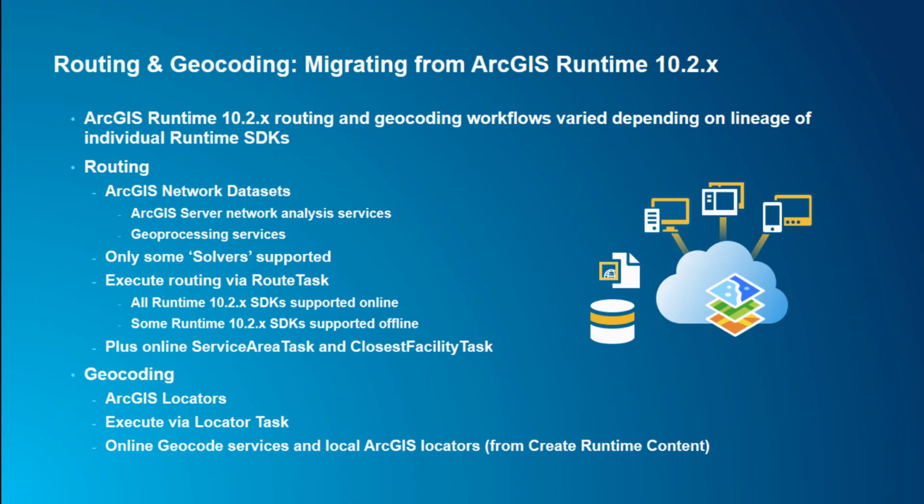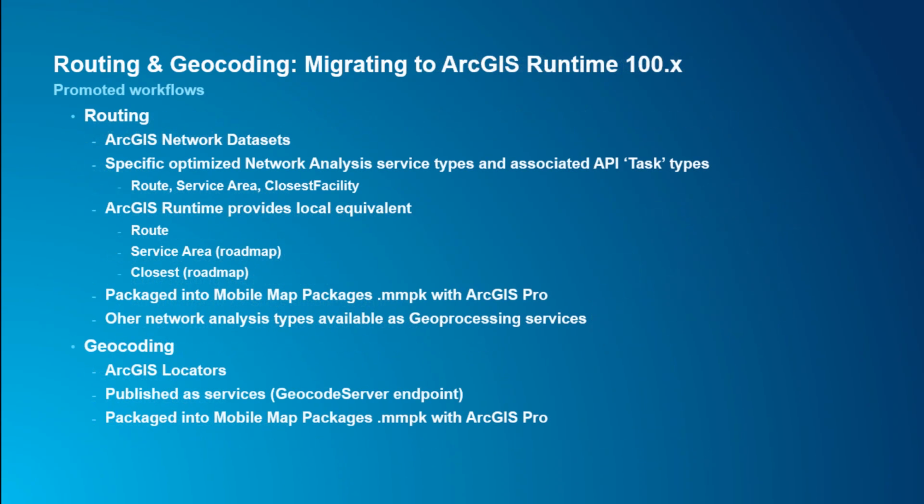They were mirrored by tasks within the API, so route task, closest facility task, and service area task. The 10.2x SDKs supported closest facility and service area online only. And then geocoding worked with an ArcGIS locator, executed via the locator task, either online or working with local locators.